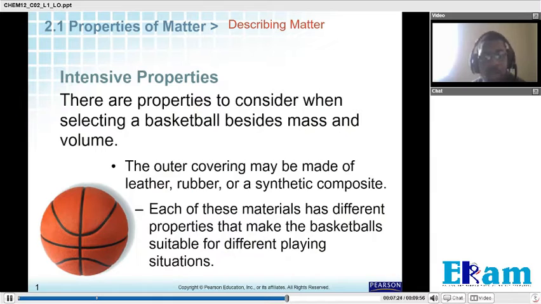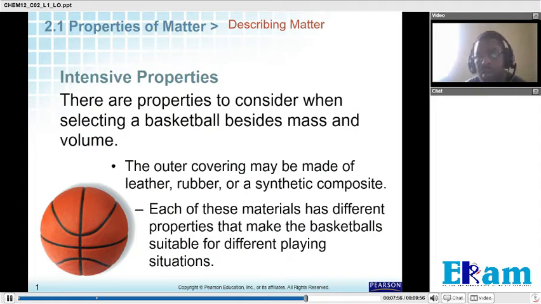So when you talk about intensive properties, it talks about how that matter behaves. Take for instance the basketball here in the picture. The basketball may be made of different materials. For example, it can be made of rubber. The rubber is what makes it bounce. It can be made of synthetic leather. The leather also can help it bounce. So that particular property is what is called an intensive property. It actually describes what the matter can do.